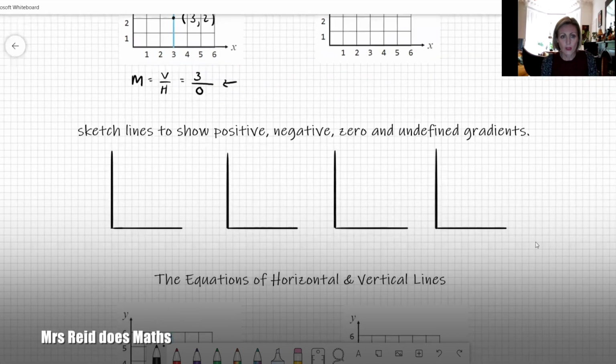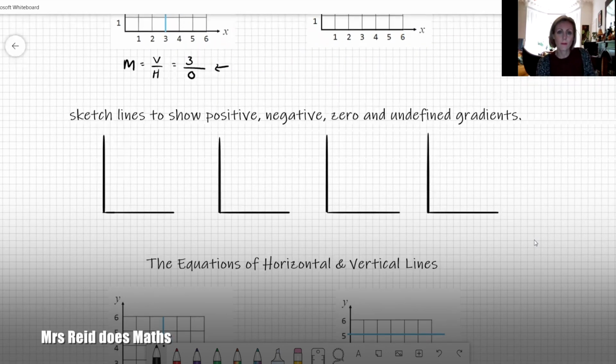So now we go on to just make sure we can remember all our gradients. We're going to sketch lines to show positive, negative, 0 and undefined gradients. So first of all, for a positive gradient, it goes upwards from left to right. A negative gradient goes downwards from left to right.